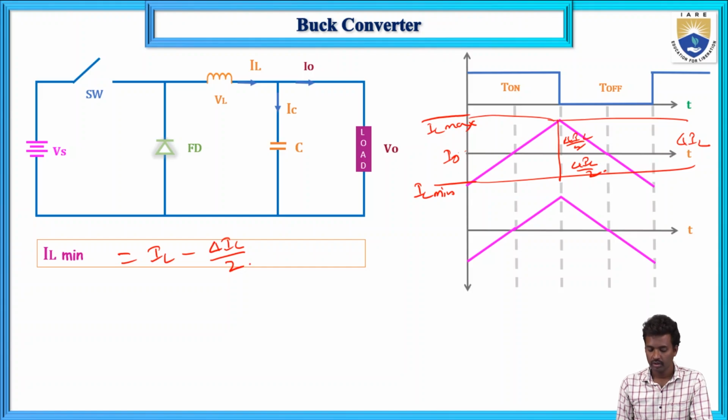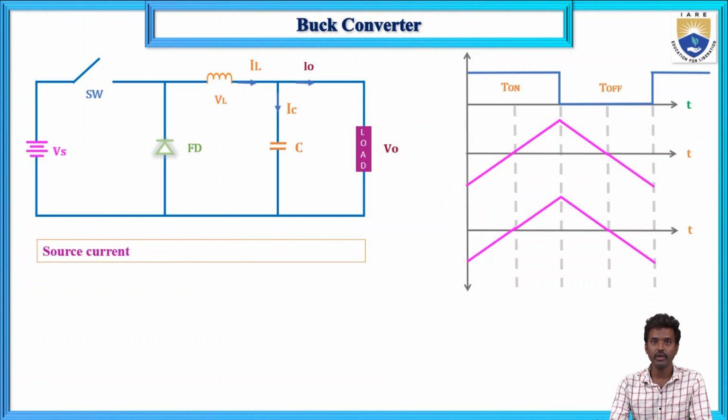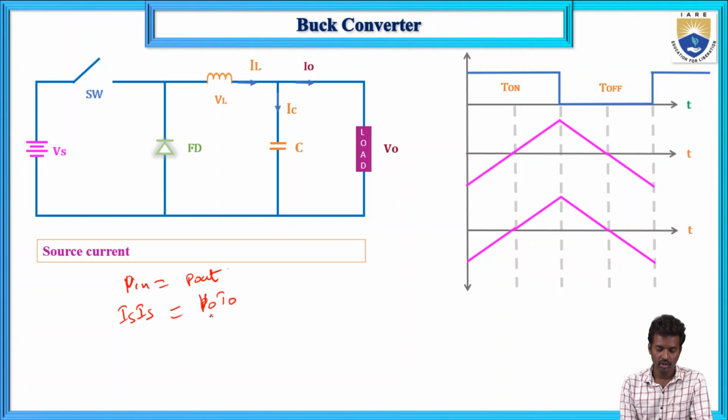Now the source current. How will we calculate the source current? We know the power input equals the power output, so Vs into Is equals V naught into I naught.